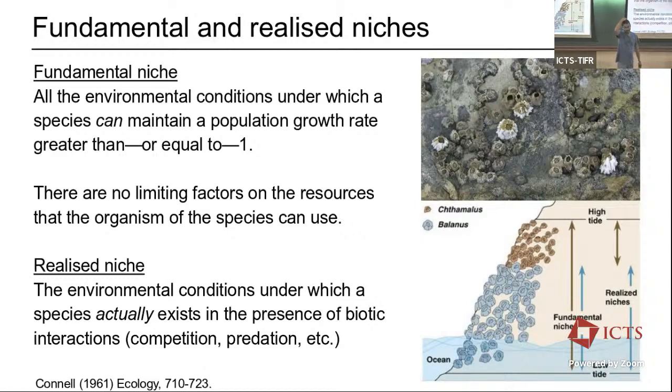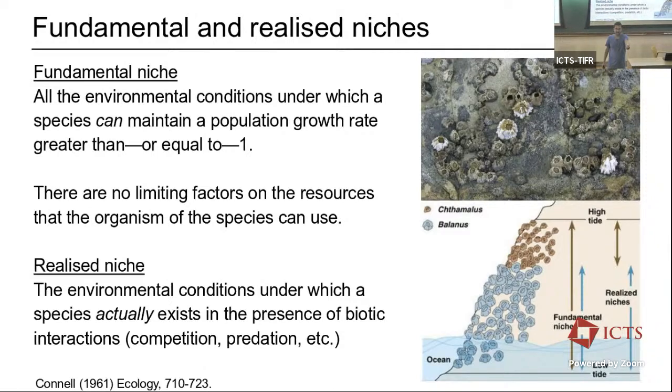This can flip. You can have realized niches that are larger than the fundamental niches. And that sort of does not make sense a little bit, because if you're talking about something fundamental, then how can something realized be larger than the fundamental niche, right? But it does happen with interactions that are called facilitation, interactions that are mutualisms, where one species is actually benefiting another species.